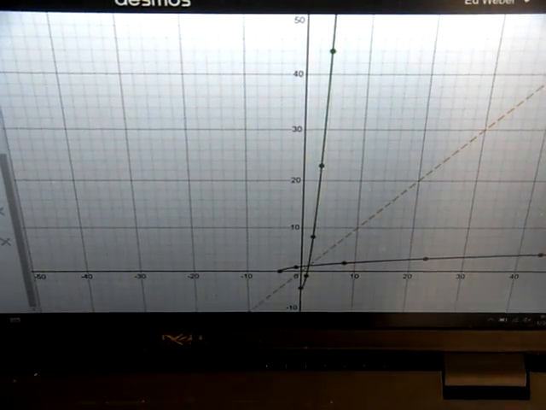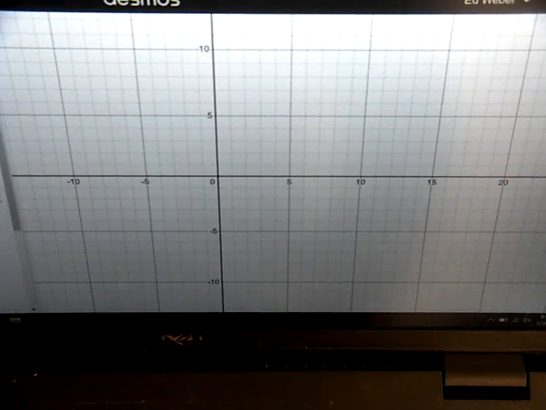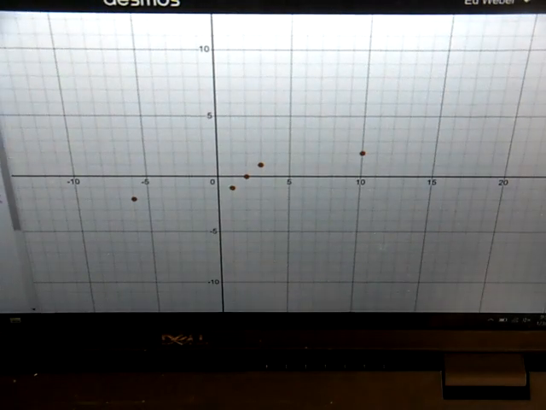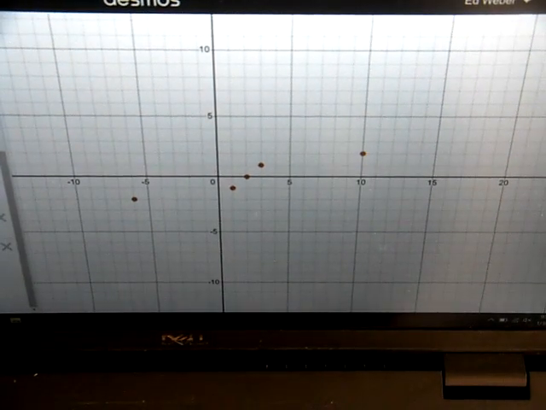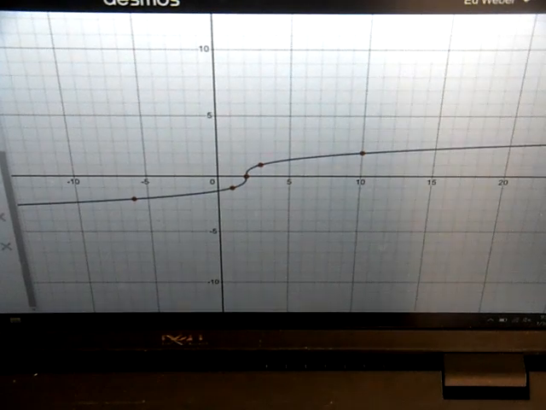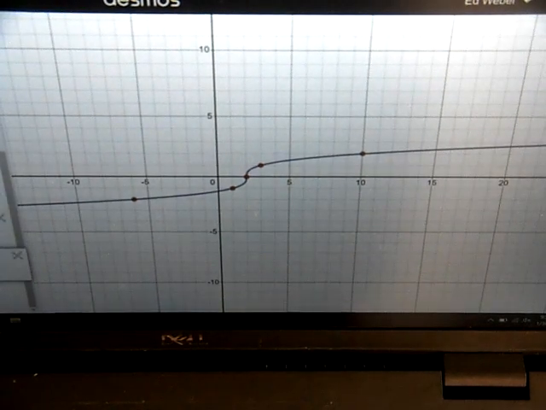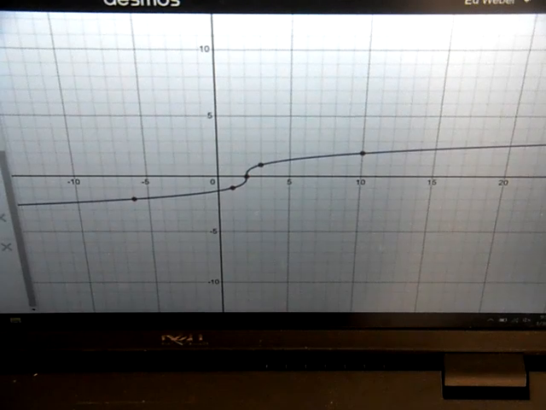And we can come up to our last example that's in our notes. And we can plot the points. We can look at those connected points. We can reflect those over the line y equals x.